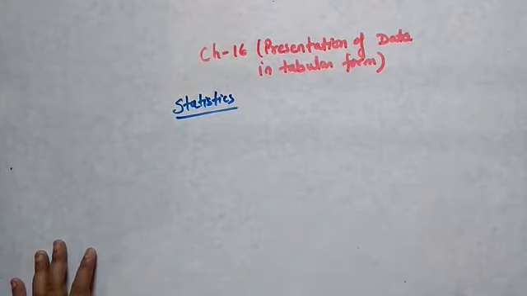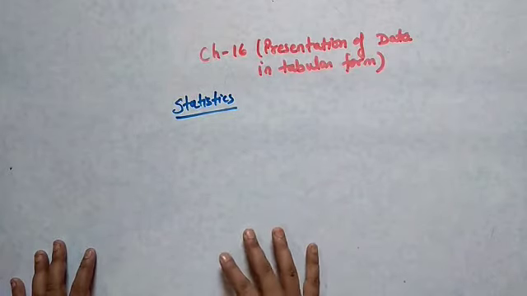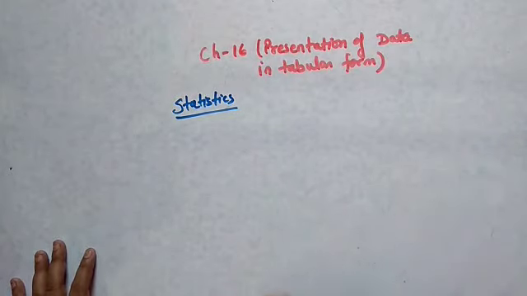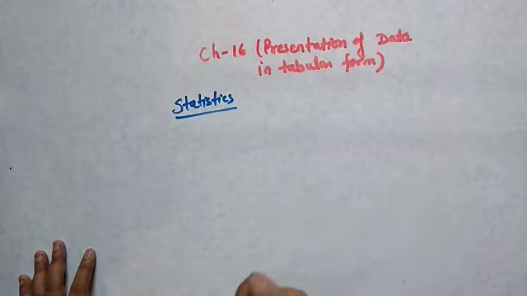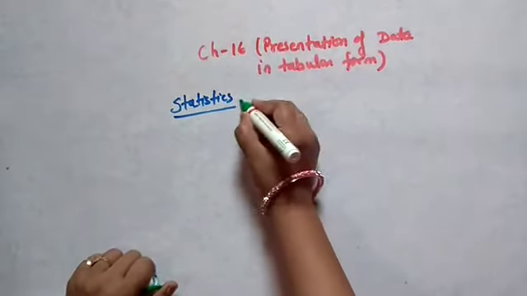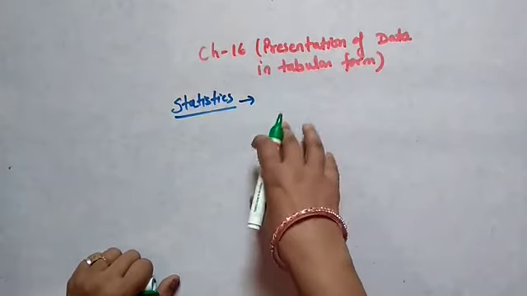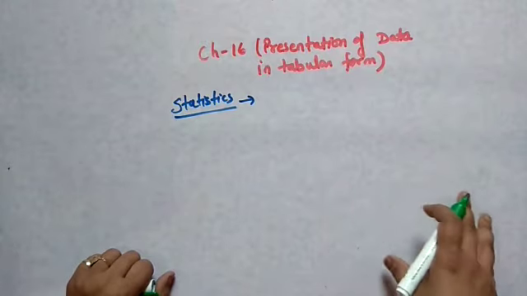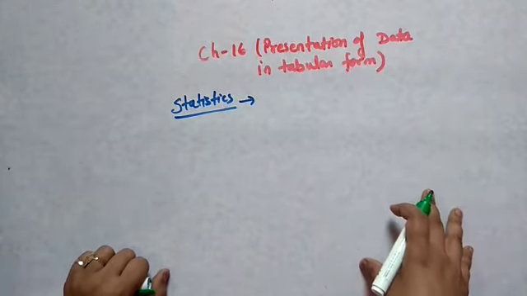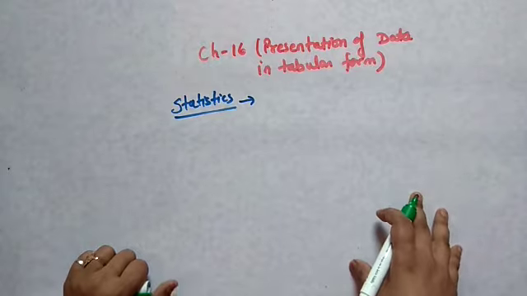In our academics we generally read books with the name of a subject, like we have science, maths, English, Hindi and all. In the same way, statistics is also a branch of science which deals with the collection, presentation, analysis and interpretation of numerical data.